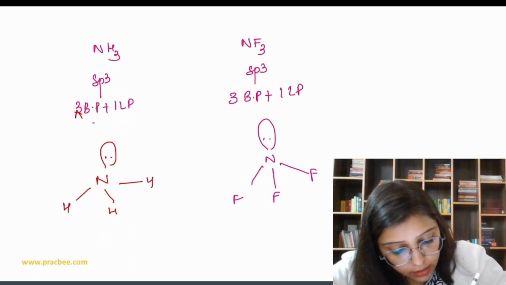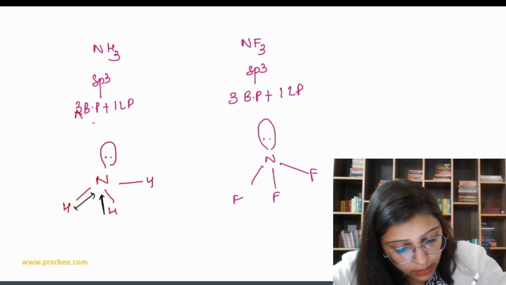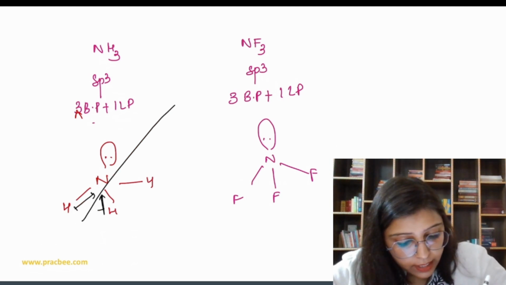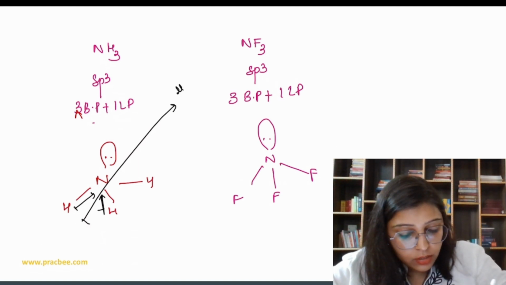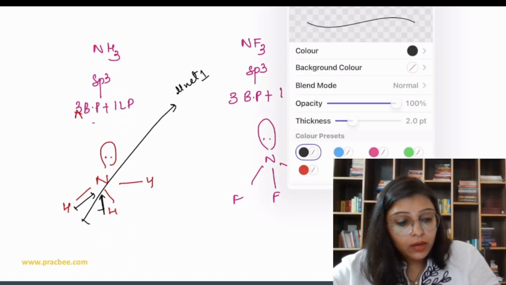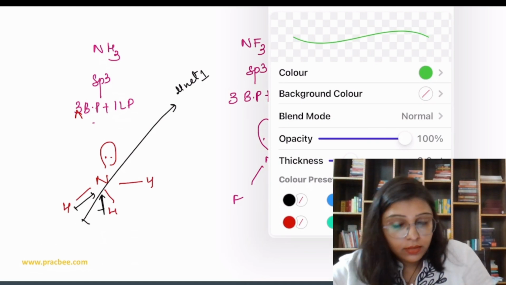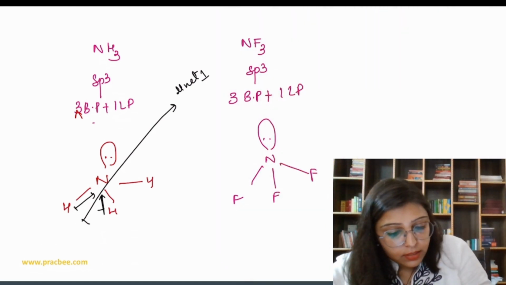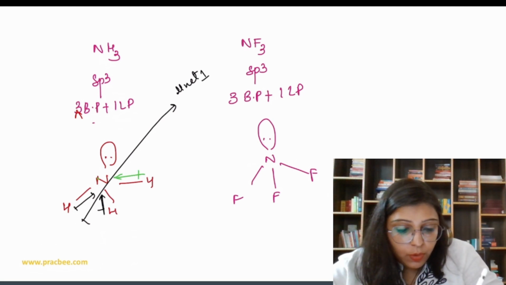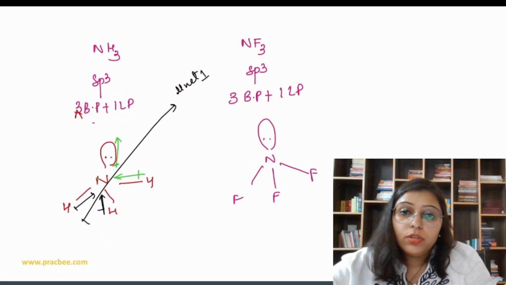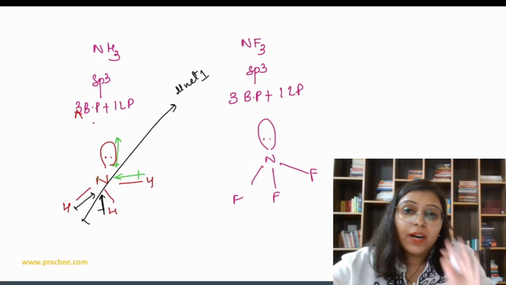Here the dipole moment is towards nitrogen, here also towards nitrogen, and the net dipole moment is towards here. So this is mu net 1. Now for the next nitrogen-hydrogen bond, the dipole moment is towards nitrogen, and here the dipole moment is towards the lone pair.